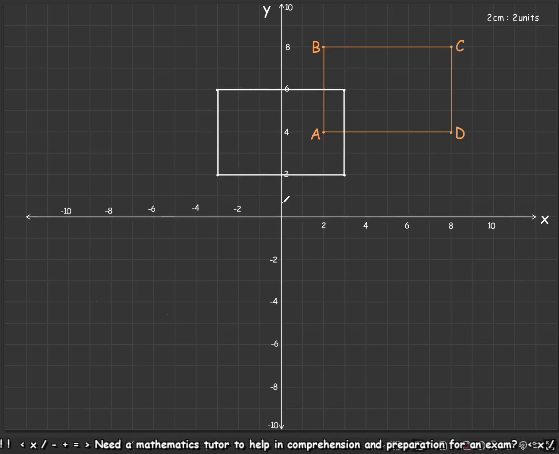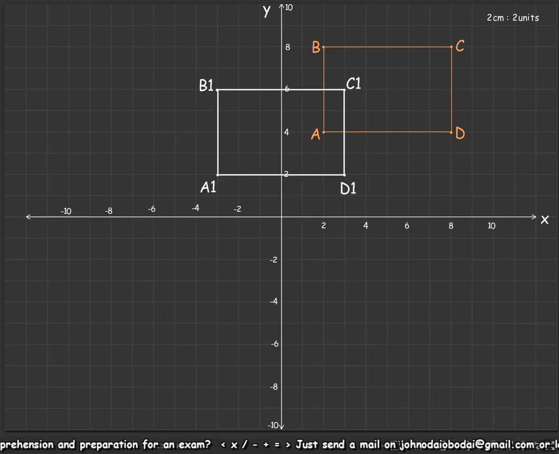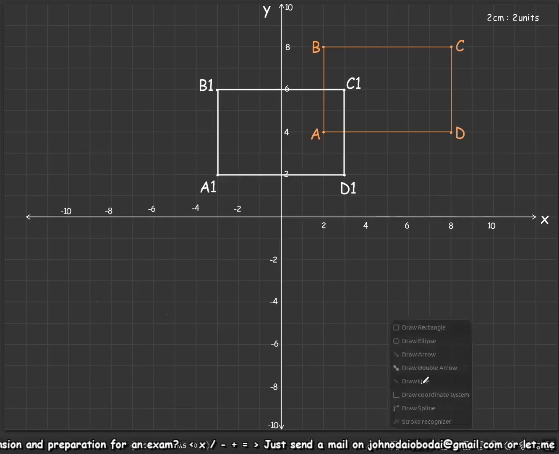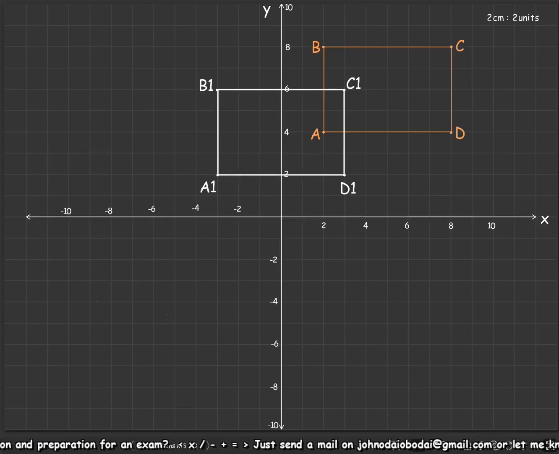Now don't forget to label them to show that this here is your A1, your B1, your C1, and then your D1. So let me quickly do that as well. So this is what we have. Now there are some instances where, if it is translation you are doing, you can join the points used with dotted lines to show what is actually moving towards what.